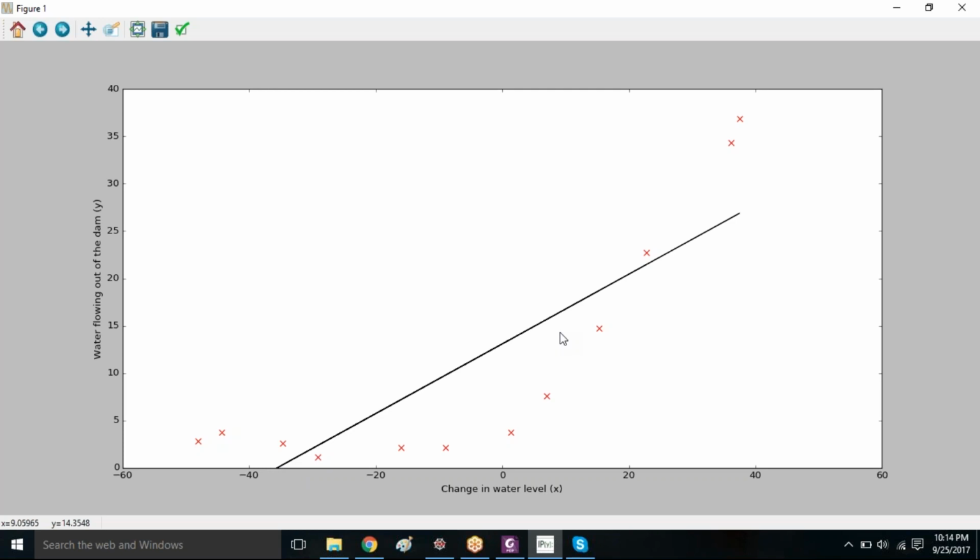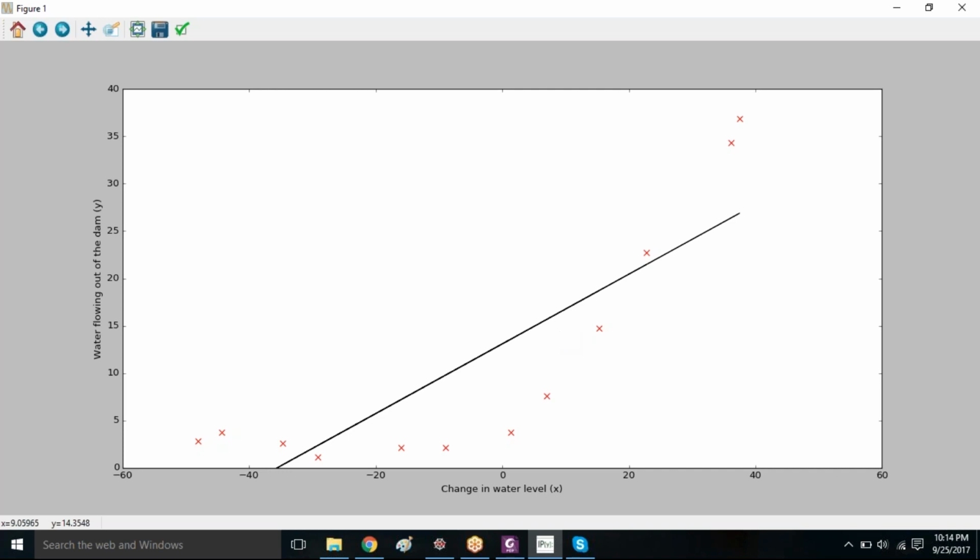Can you explain to me the change in the water level? You have taken negative to positive values. This negative to positive values is because there can be two things.